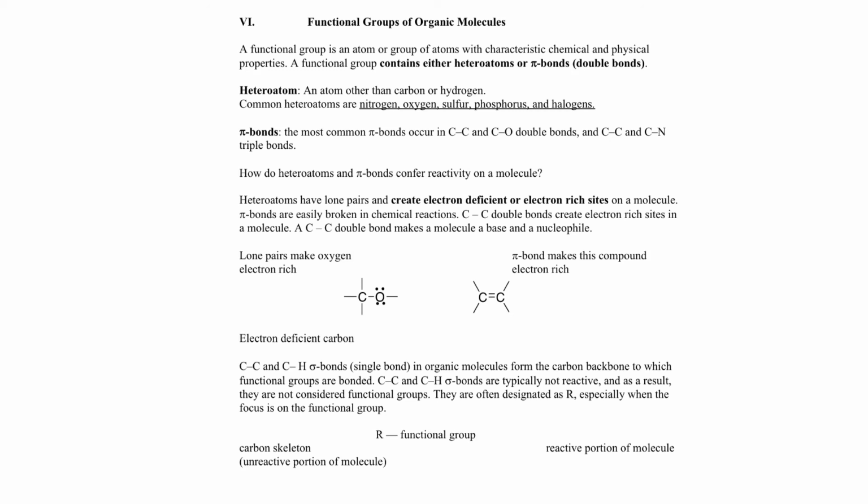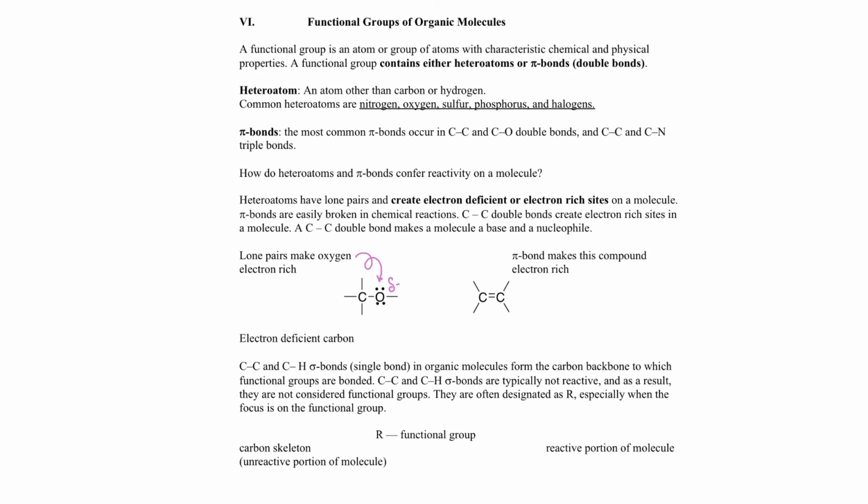So when you have a heteroatom, such as an oxygen, the lone pairs make that oxygen electron rich. And you might also recall that oxygens are pretty electronegative, so they're going to pull electrons away from the carbon. So the oxygen ends up with a delta negative charge because it has the ability to pull more electrons towards itself.